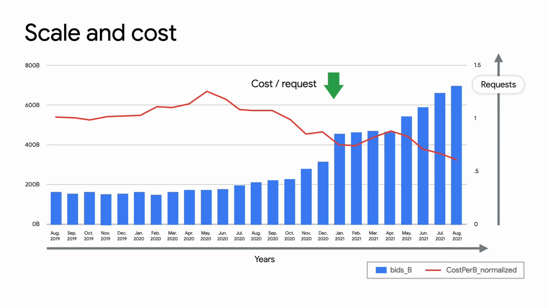But we track, for example, our unit cost. With $1, how many bid responses are we able to generate? That's one metric that we use to measure our efficiency. That cost efficiency had been slightly going up last year, but then we realized that we had to contain that.